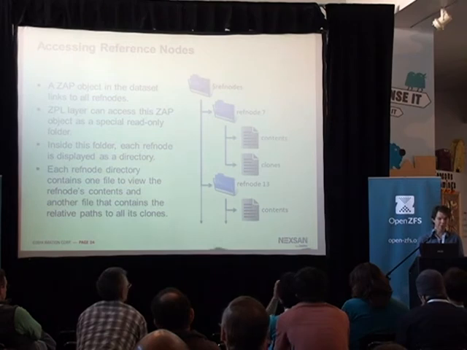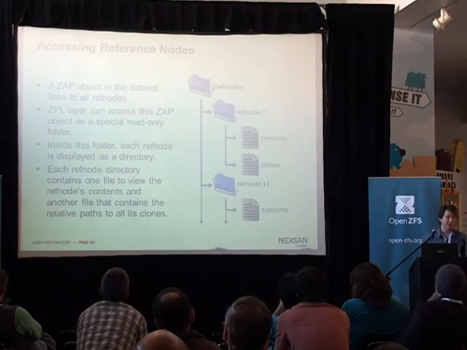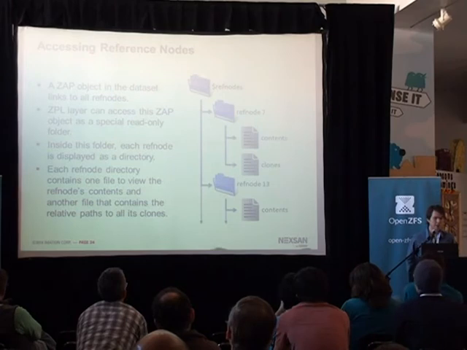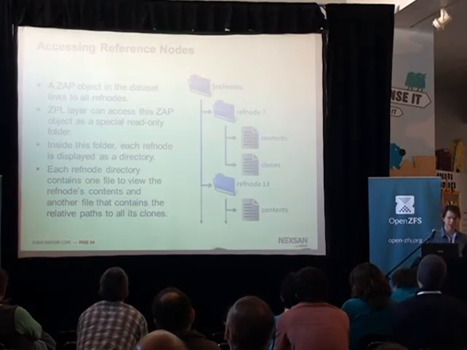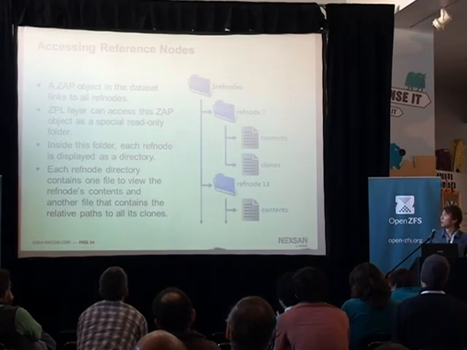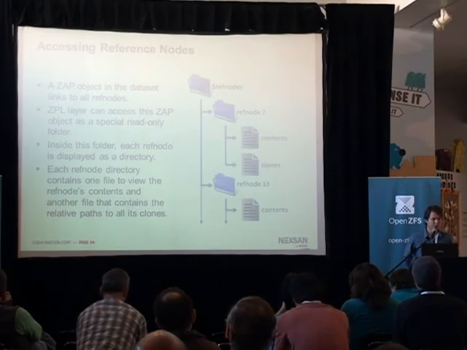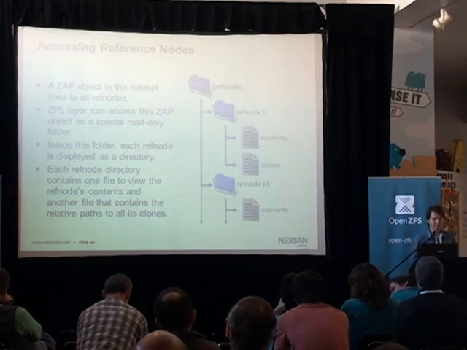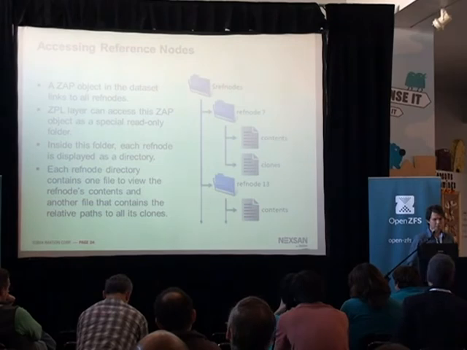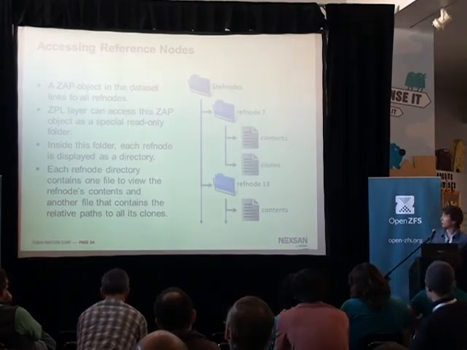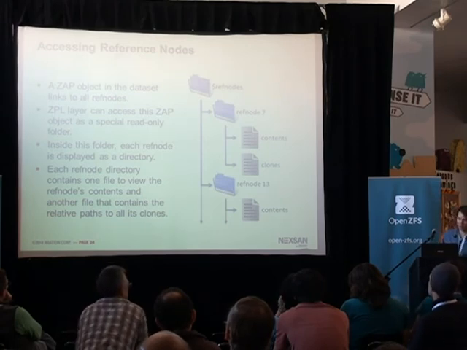So the way I see we can do this is if we create a new ZAP object in the root directory of the dataset, and we store the links to all the ref nodes which are present in this dataset, we could, by doing some hacks in the ZPL layer, show this ZAP object as a small set of folders in the file system.